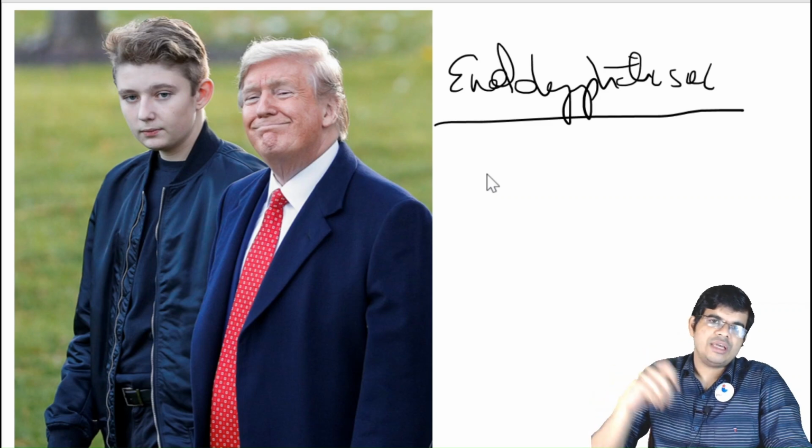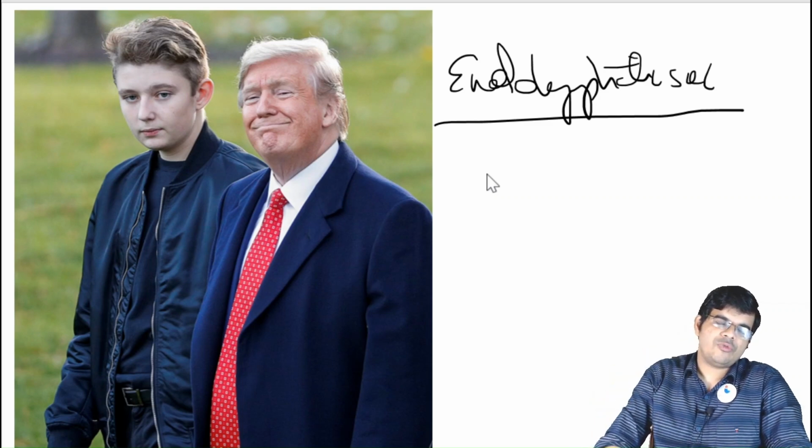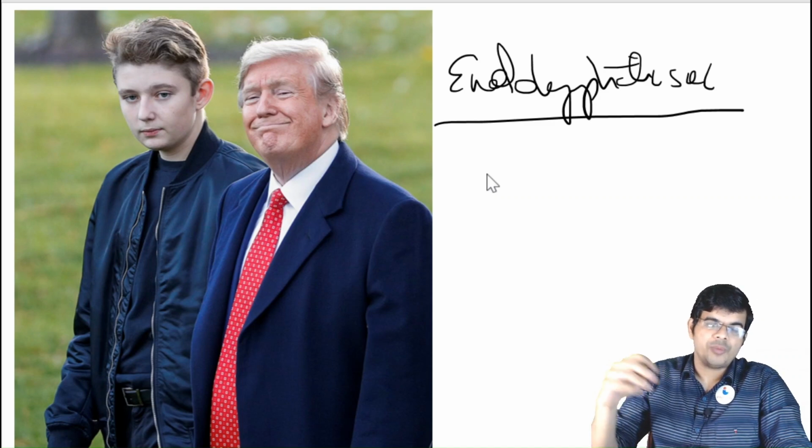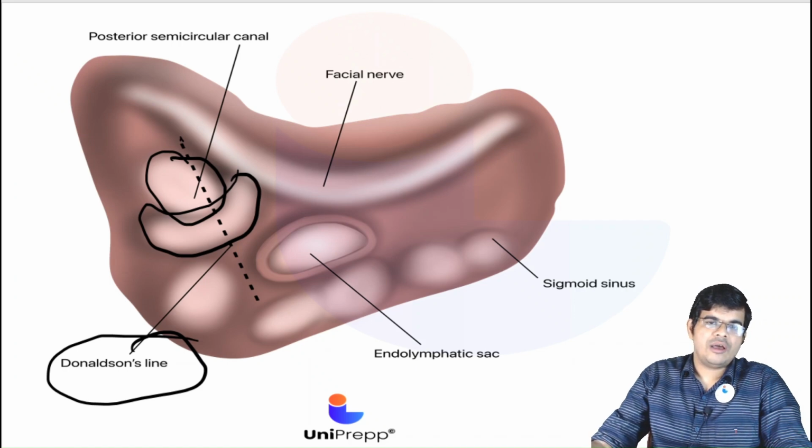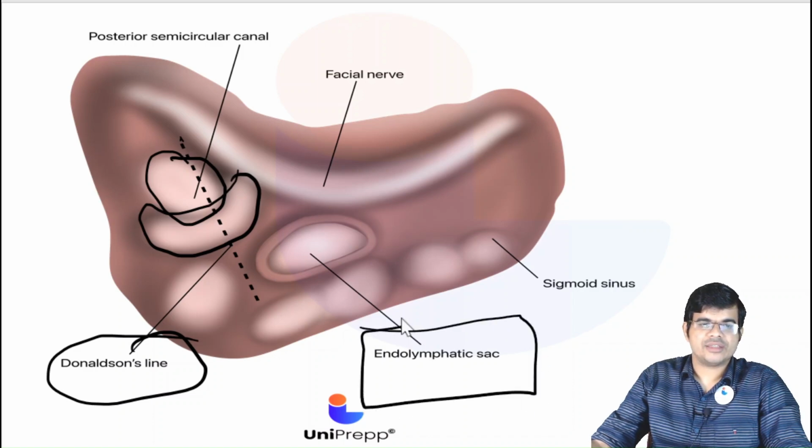This endolymphatic sac is formed by the continuation of the utriculosaccular duct, which is formed from the utricle and the saccule, and it goes downwards and is seen just below and inferior to the posterior semicircular canal. Now to access the posterior semicircular canal and the area below it, you have to draw a line through the lateral semicircular canal, bisecting the posterior semicircular canal. Just below that you have the endolymphatic sac.